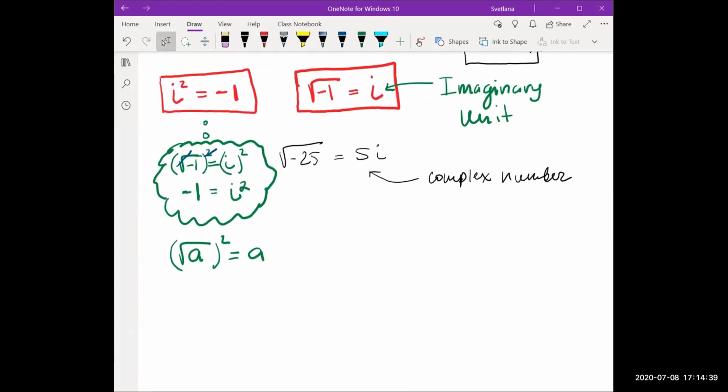A few more notes about the theory behind complex numbers.